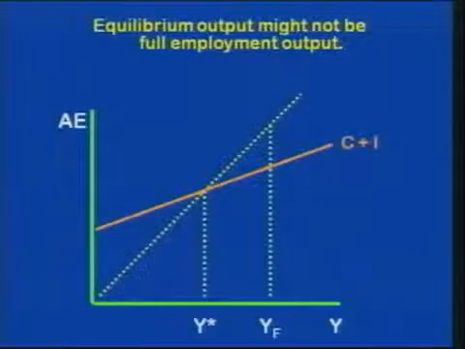So if what's happening here is that we're away from full employment, one thing that is immediate that could move us towards full employment, it would take the government doing it, and we haven't opened the government. But if you take money away from the rich and give it to the poor, you're taking it away from people that have a low marginal propensity to consume and giving it to people that have a high marginal propensity to consume.